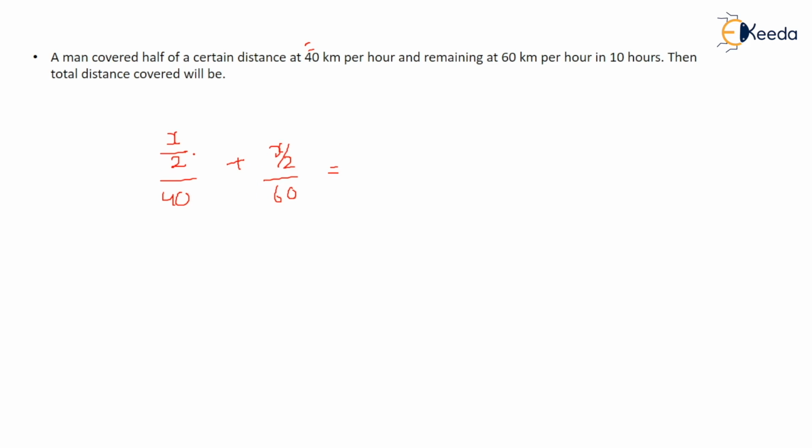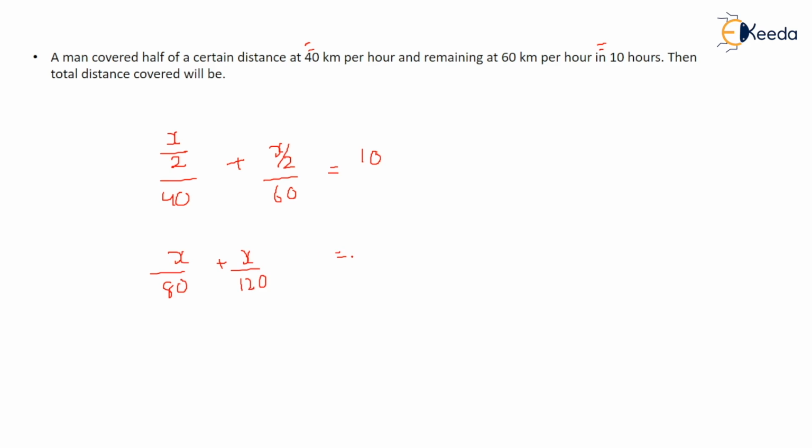And distance upon speed gives you the total time. So the time is given to you, 10 hours. This will go in the denominator: x by 80 plus x by 120, right? This you can do.